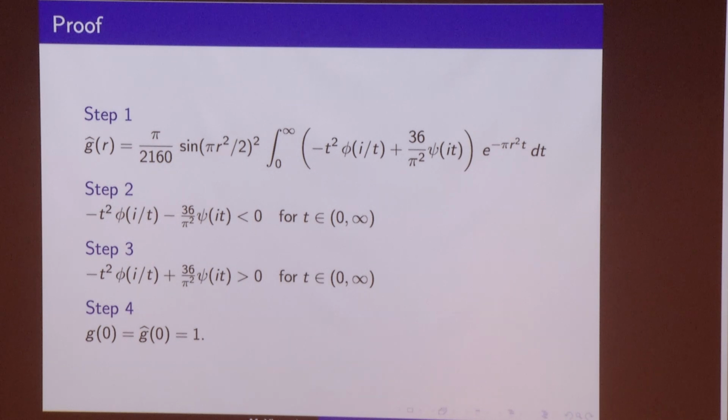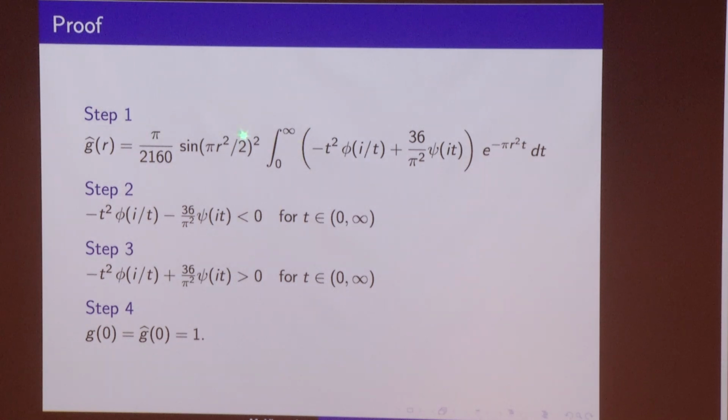For G itself, wasn't your inequality only in a certain range of R? At the beginning, you explained the function you were looking for. Yes, there was an inequality for f and also its Fourier transform. But for f, it was only in a certain range. Yes, it's a good question.